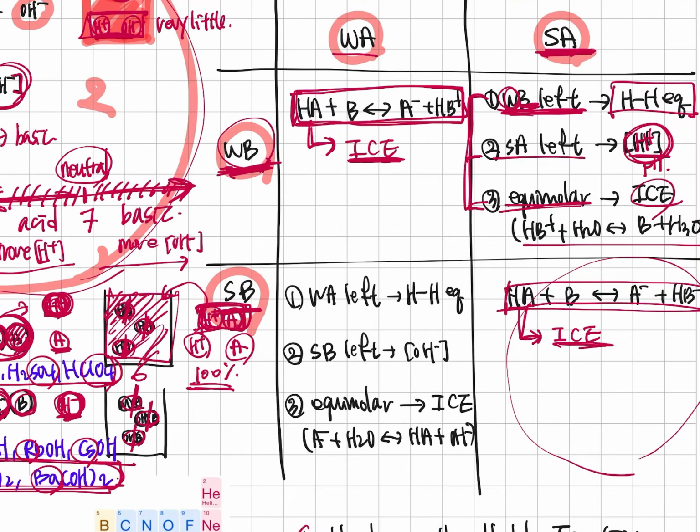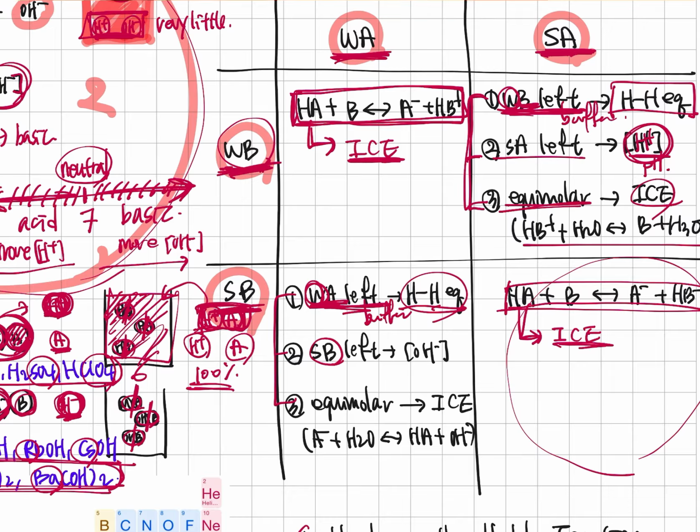For the case in which a weak acid and a strong base react, there are also going to be 3 categories. First of all, when the weak acid is left, you use the Henderson-Hasselbalch equation, because a weak acid is left, so this is also a buffer solution.